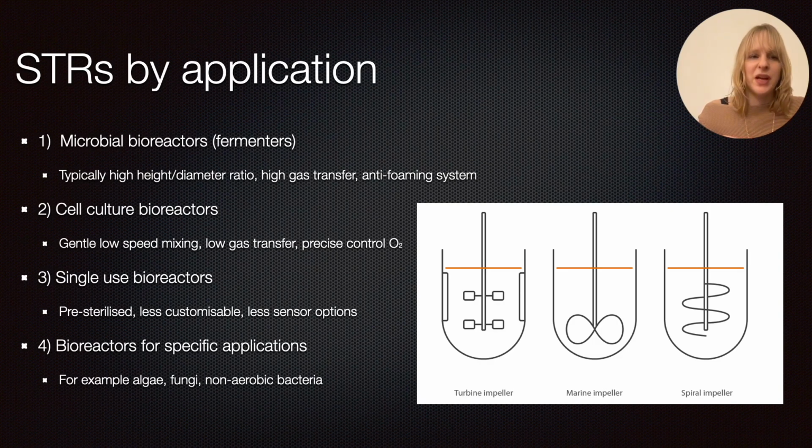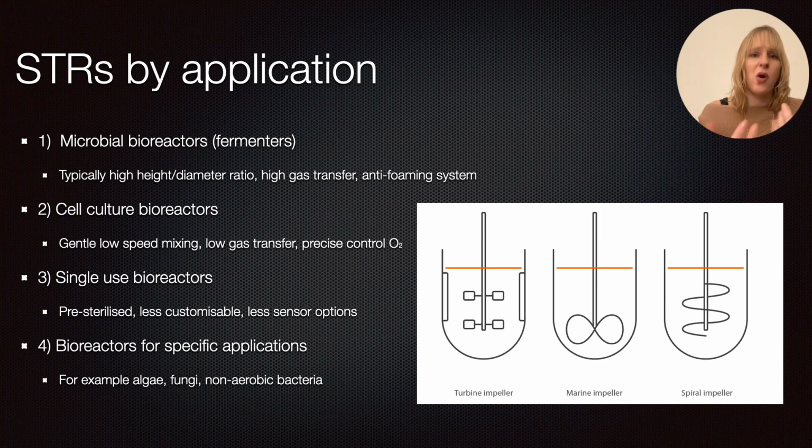The second application, after the microbial bioreactor, is cell culture systems. And here you have exactly the opposite conditions. The reason for this is that these cells don't actually have a cell wall, so they don't tolerate high shear that well. They also grow a lot slower compared to, for instance, microbial culture.